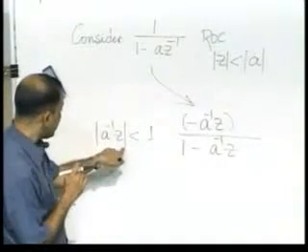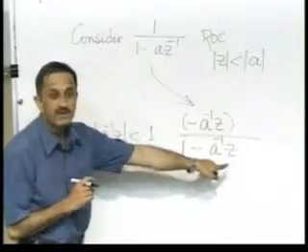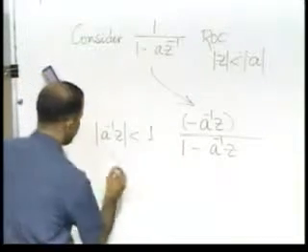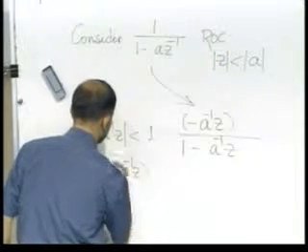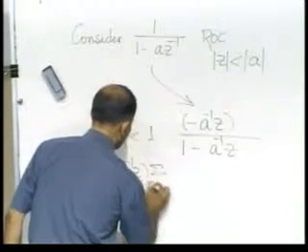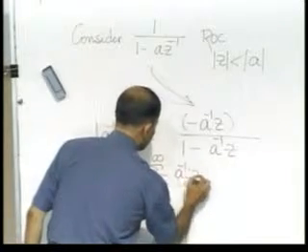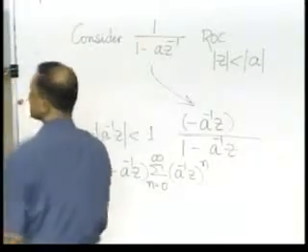Now since mod a inverse z is less than 1, 1 by 1 minus a inverse z can be thought of as the sum of a geometric progression, which gives minus a inverse z, summation n going from 0 to infinity, (a inverse z) raised to the power n. Is that right?